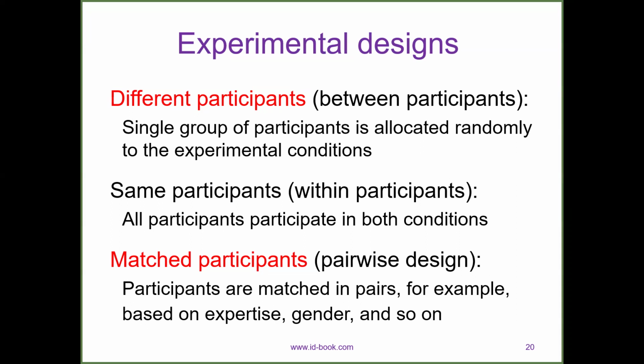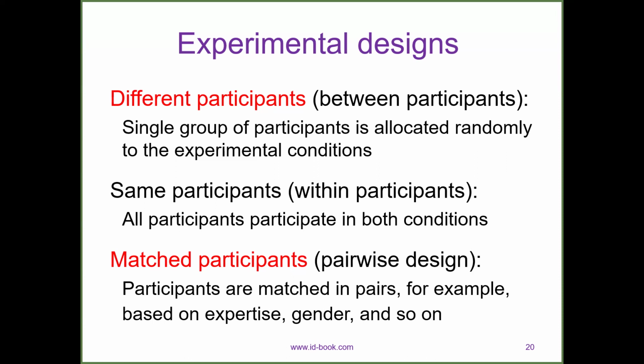One group is given coffee, they consume the coffee, and then they are asked to perform some activity in the class. The results are recorded. Similarly, the other group is not given coffee, but rather they are given some sugary drink and are asked to perform a similar activity. The results are recorded. This particular experimental design setup is called different participants.